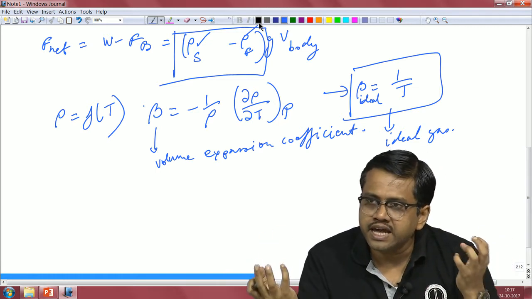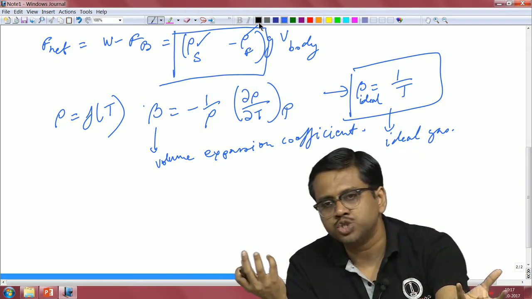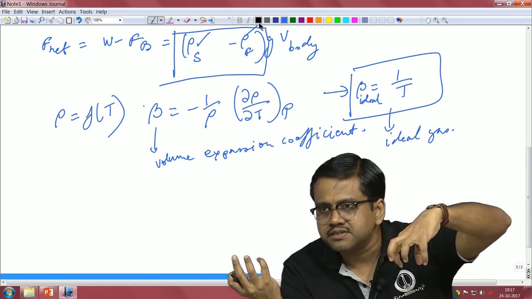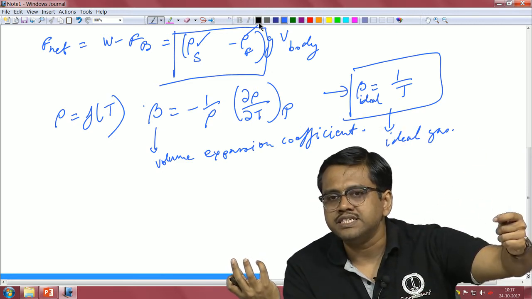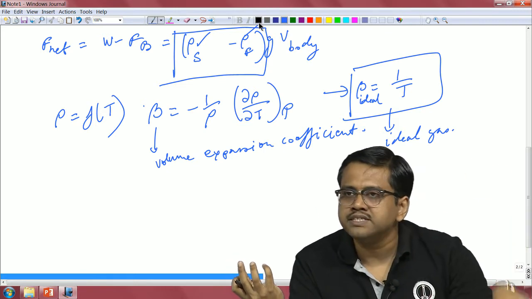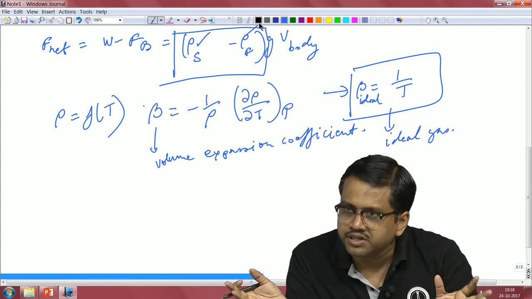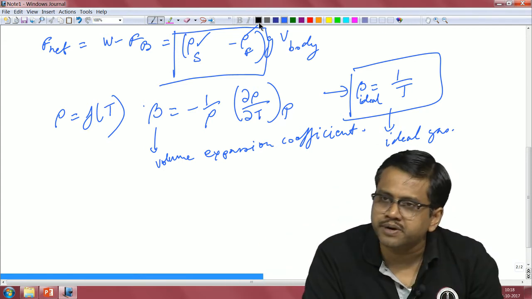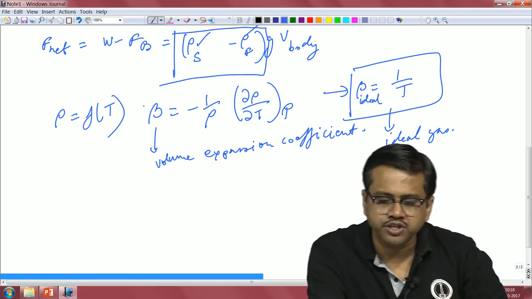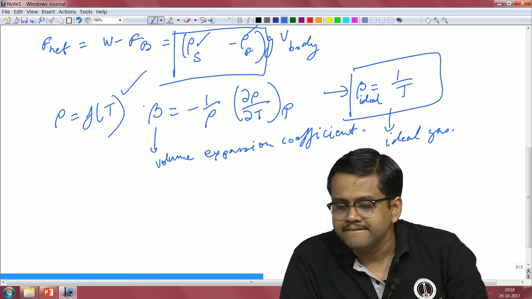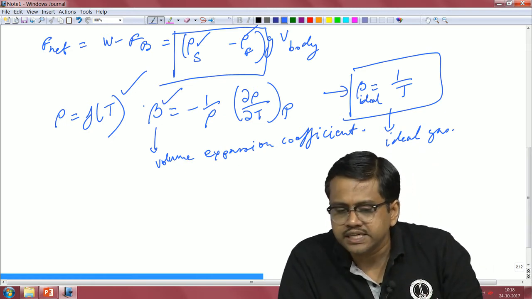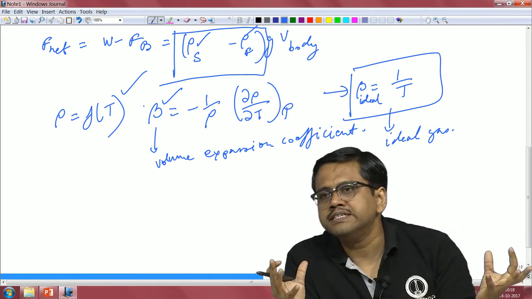But imagine the case of the example that I showed you, that there is a stove in the middle of the room, the fluid volume that is being displaced, the density change is happening because of temperature. So, in that particular case, rho s and rho f are basically the same fluid, but at two different temperatures, okay. And because the density is a function of temperature, because there is something called a volumetric expansion coefficient, the density of the two fluids will be different.